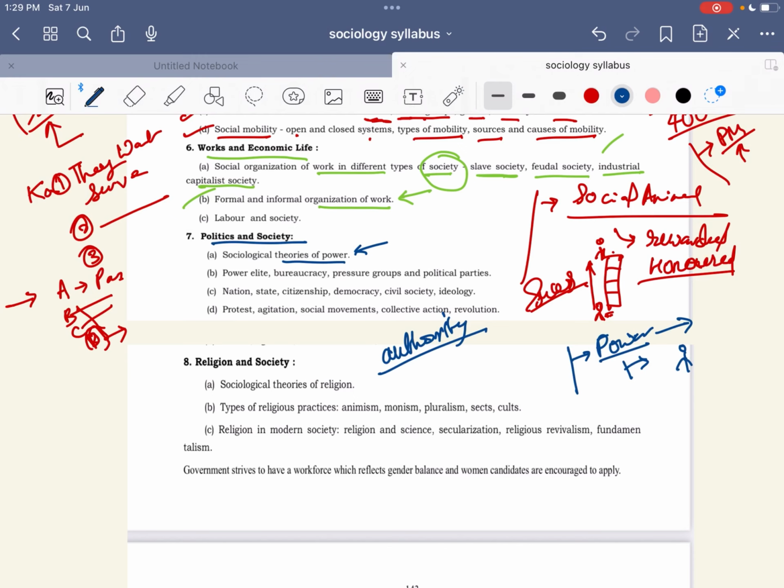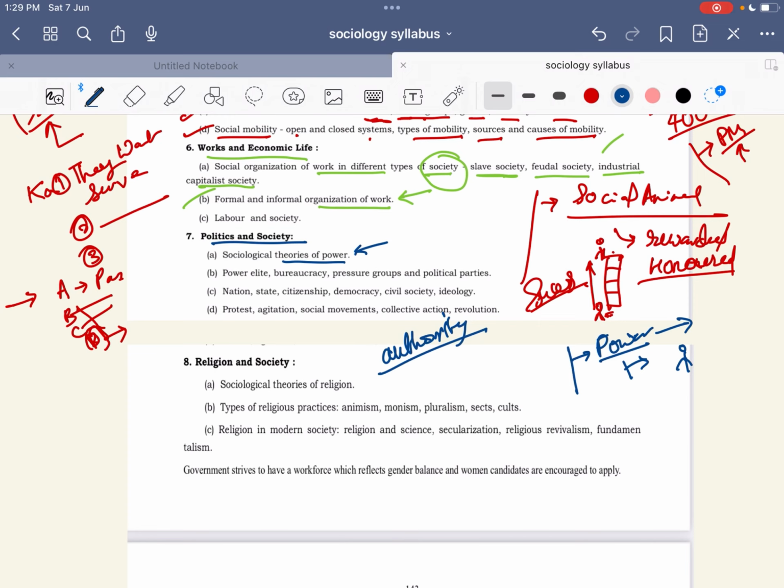Understand? So a better answer can be, you want to serve society, but when there is authority with you, when someone gives you authority, you can serve the society in a better way. Straightforward answer.